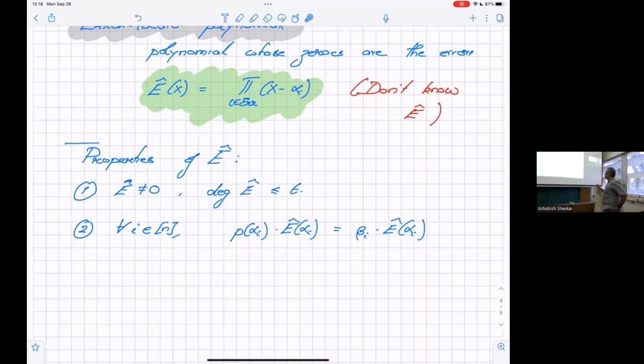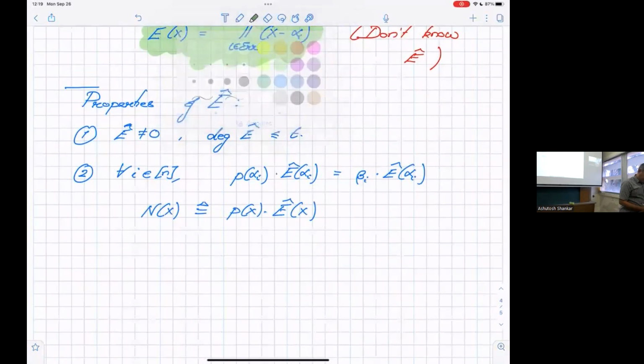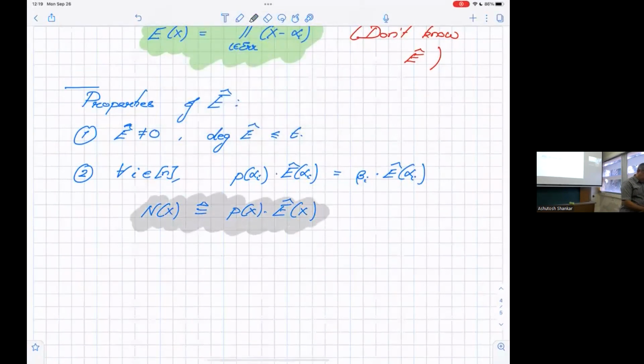Given that, let's define a useful polynomial, N hat of x, to be the polynomial P of x times E hat of x.